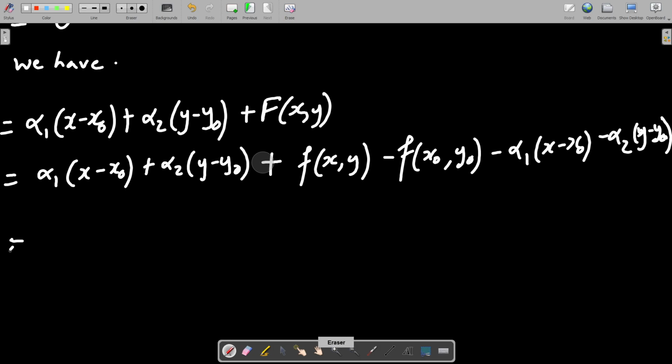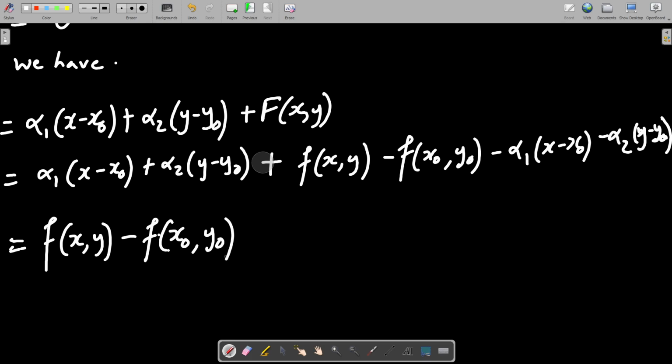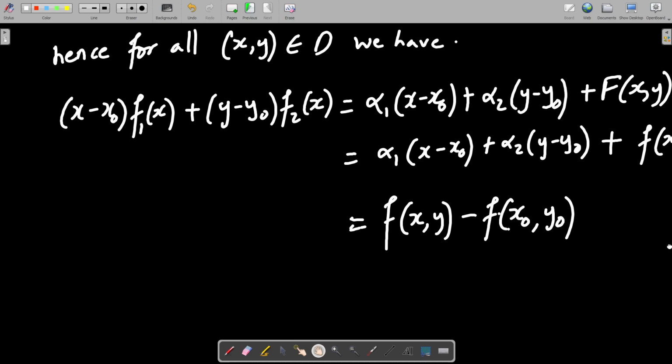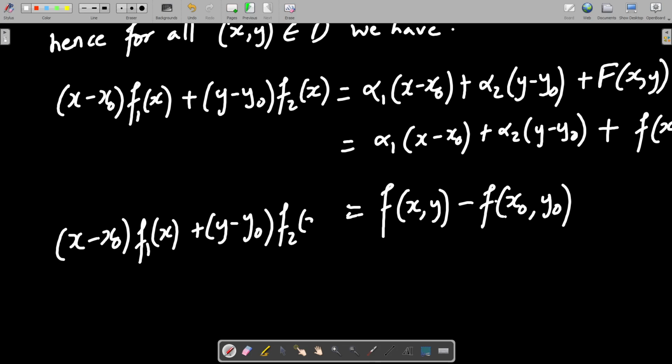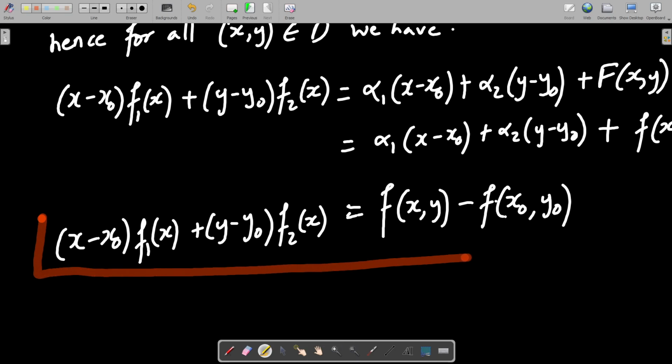Terms are getting cancelled. What remains here is only f of (x,y) minus f of (x naught, y naught). So this is the result we had to show, x minus x naught, in the statement of the theorem.